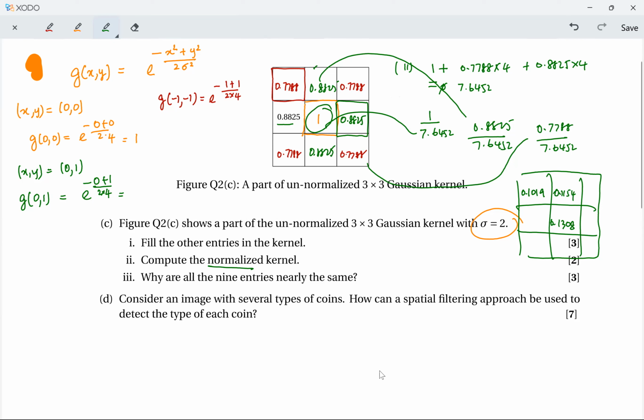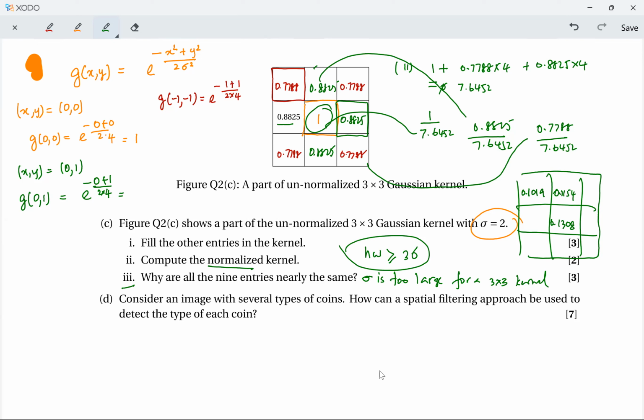So you know that these entries will have to be reported. Why are all the 9 entries nearly the same? Because sigma is large for a 3 by 3 kernel. We have seen that the half width of the kernel must be at least 3 times sigma usually. This is maybe too large, giving too large a kernel, but this is the condition.